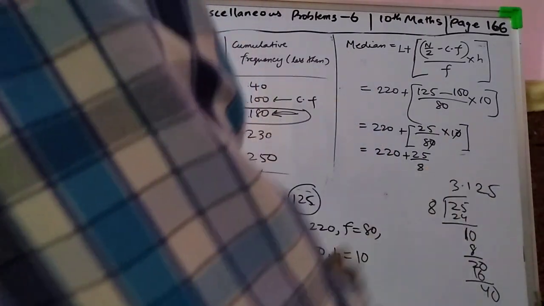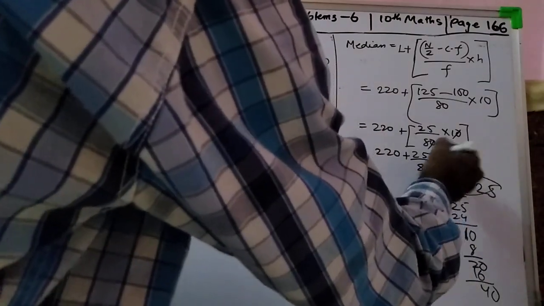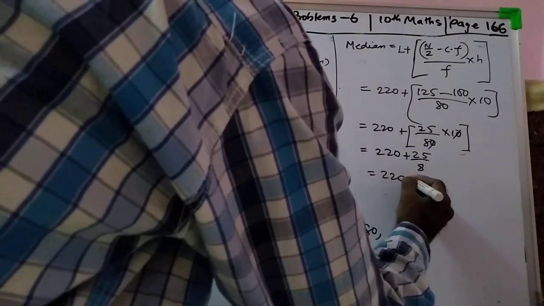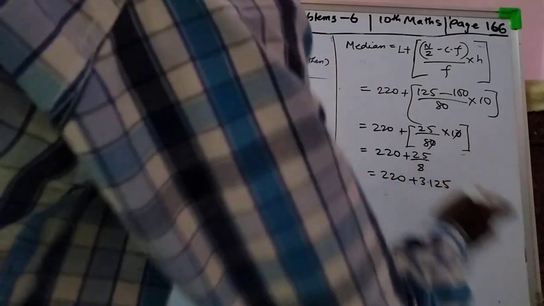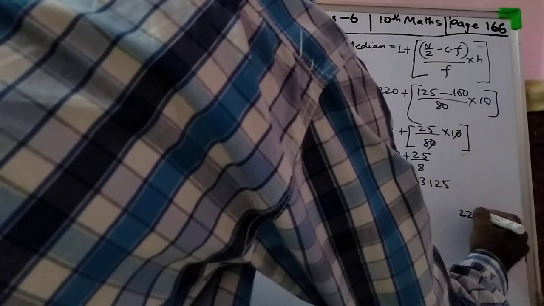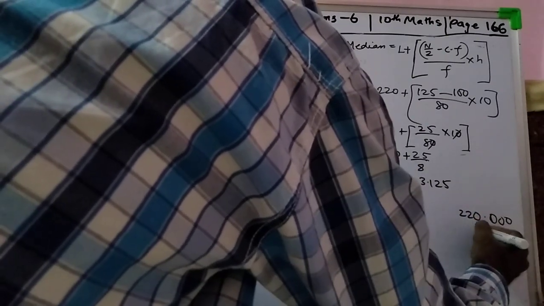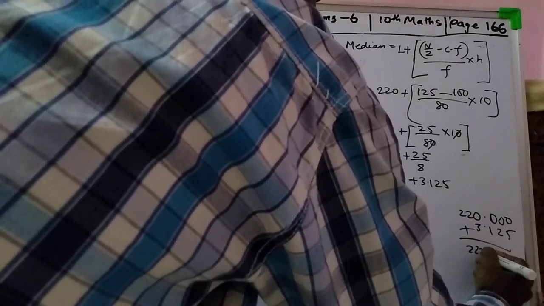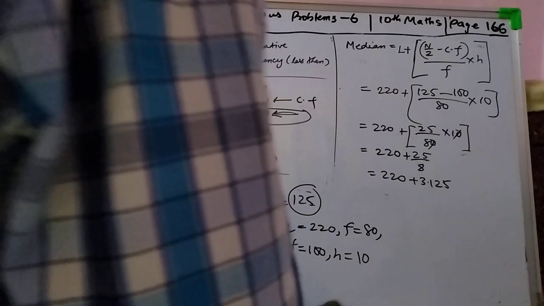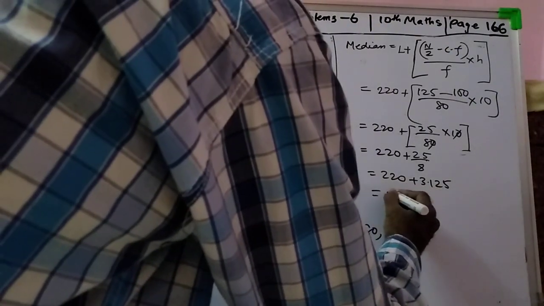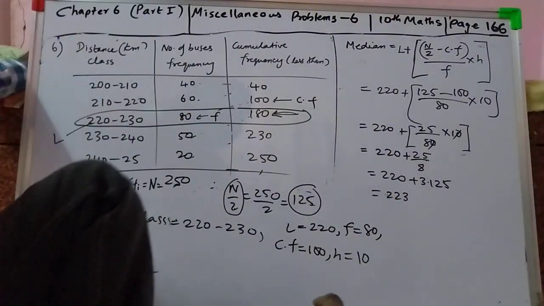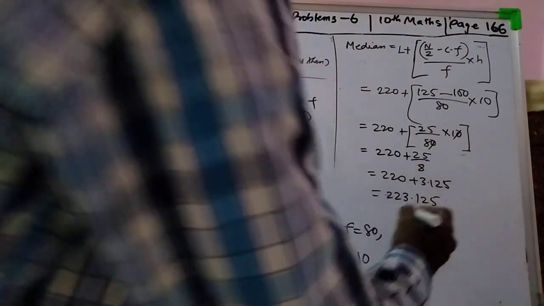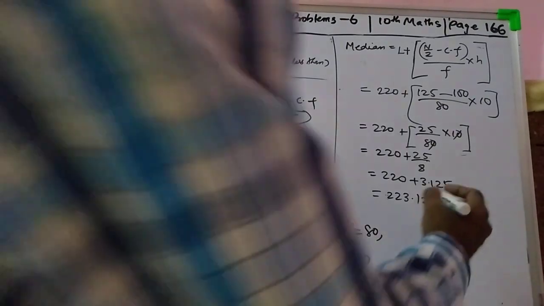That value you get here, put it here. That will become 220 plus 3.125. I have to add it. 220.000 plus 3.125 gives 223.125. That we write here. We got 223.125 kilometers.